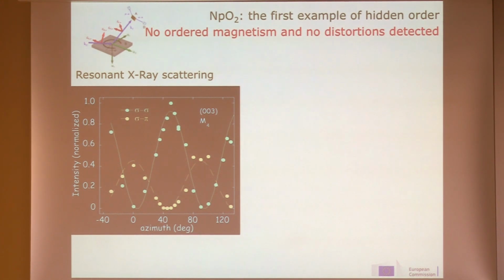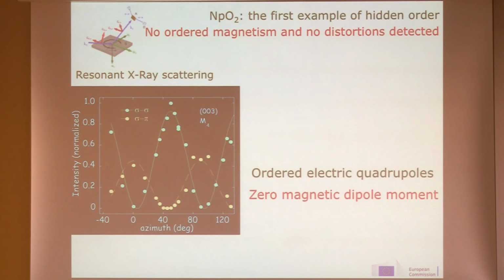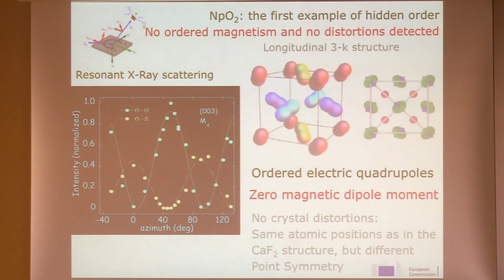In this case, the results can be modeled assuming zero magnetic dipole moment, but an order of the electric quadrupole of gamma-5 symmetry, an order which is similar to UO2, but in this case is longitudinal.